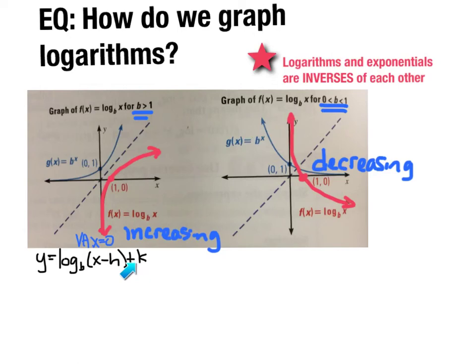Whenever you move up or down. But now, since a vertical asymptote is up and down, it can move left and right. So this h is going to shift the vertical asymptote. Here, I'll even draw in these vertical asymptotes so we can see them.